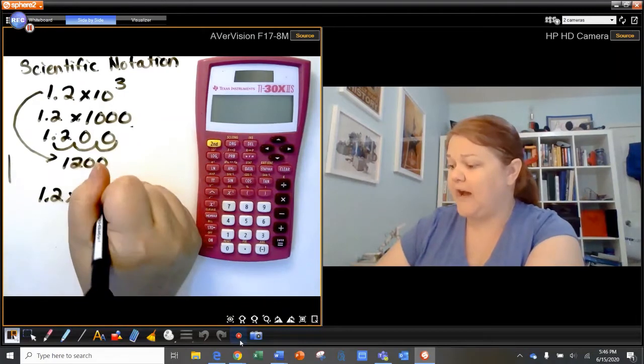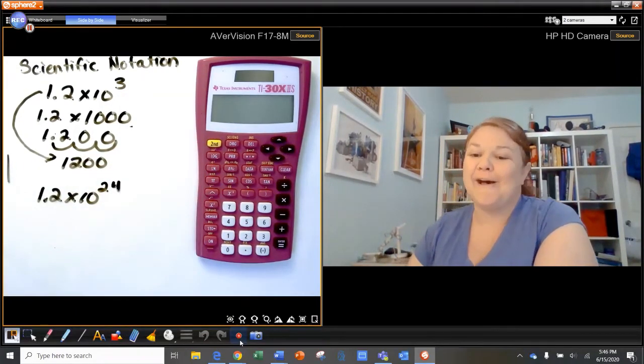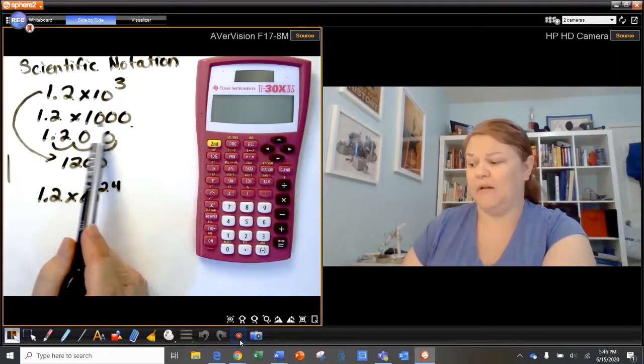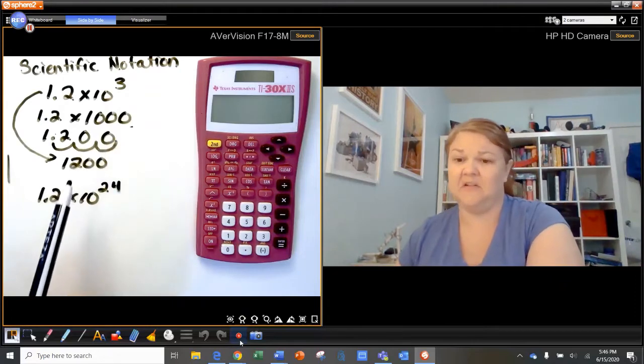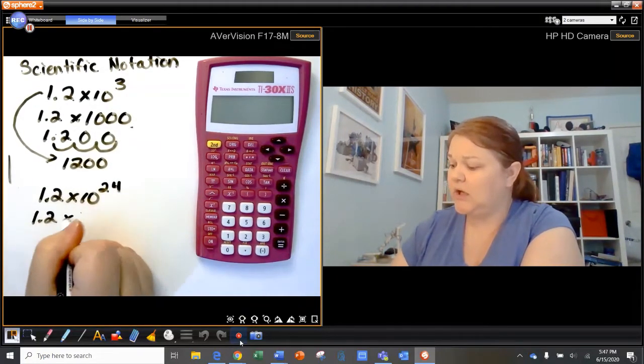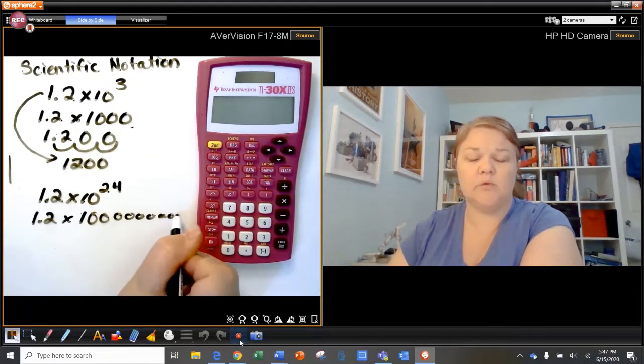So maybe we have this to the 24th power. That means we're taking this 1.2 and multiplying it by not 100 or 1,000 or 10 or anything easy. It's a 1 with 24 zeros after it.